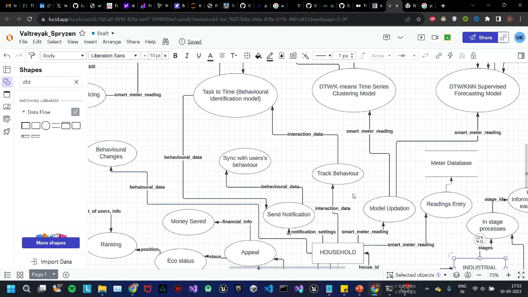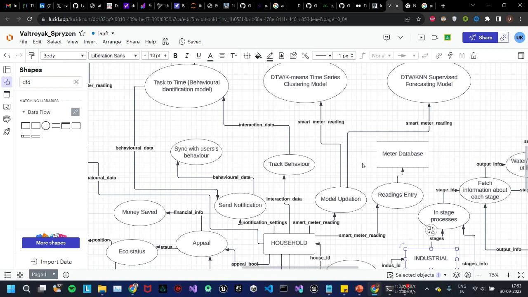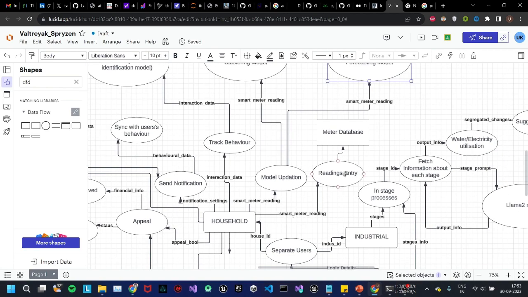We are not including the smart meter reading in checking the behavior. We will do that later by using the clustering model. Now the model updation. Over here we're going to update depending upon the daily smart meter reading towards the clustering model as well as the forecasting model. Those meter readings are also stored in the meter database.